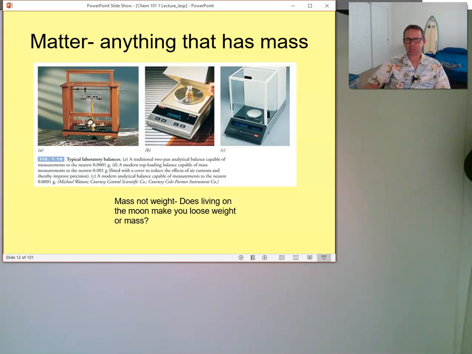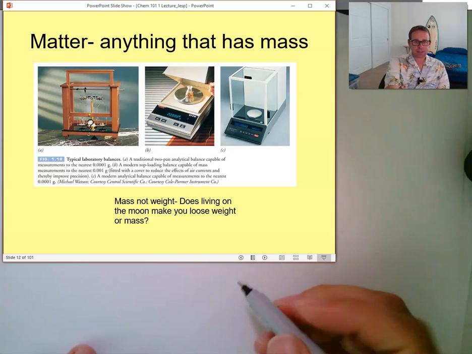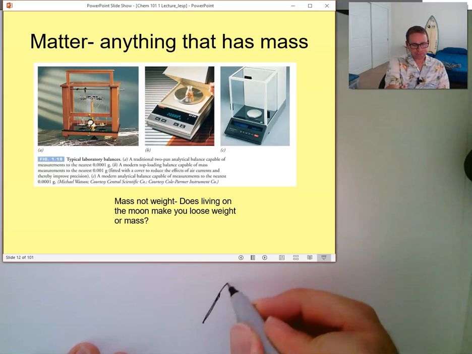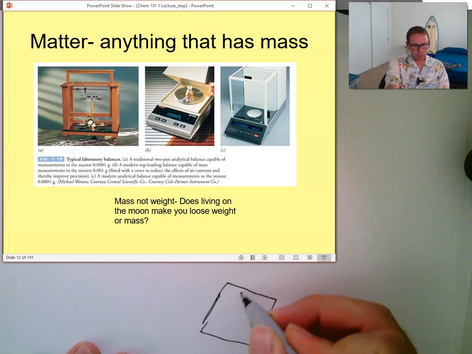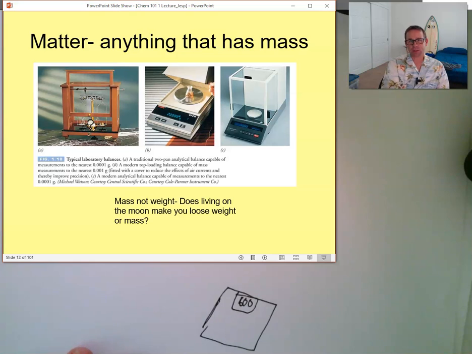Now, sometimes people say, how much do you weigh? Right? There's a difference between weight and mass. We're not going to stress it a whole lot in this class, but you want to be aware of what the difference is. If I stand on a scale in my bathroom, and my scale says I weigh 600 pounds, that's my weight.